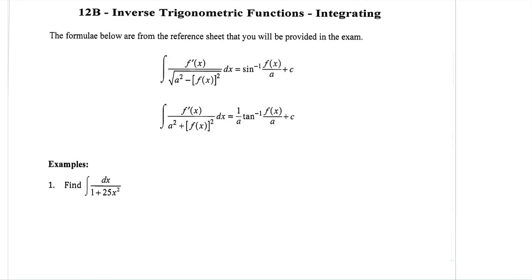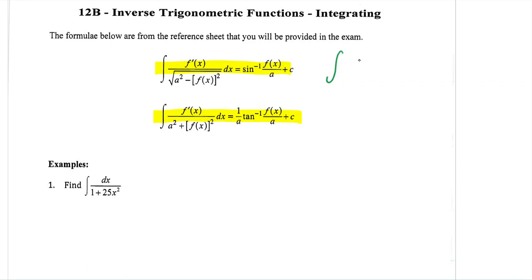Now the two that are here are the ones that are on your formula sheet, but you'll notice that inverse cos is not there. If you remember, inverse cos and inverse sine are really similar though. It's just the negative sign.